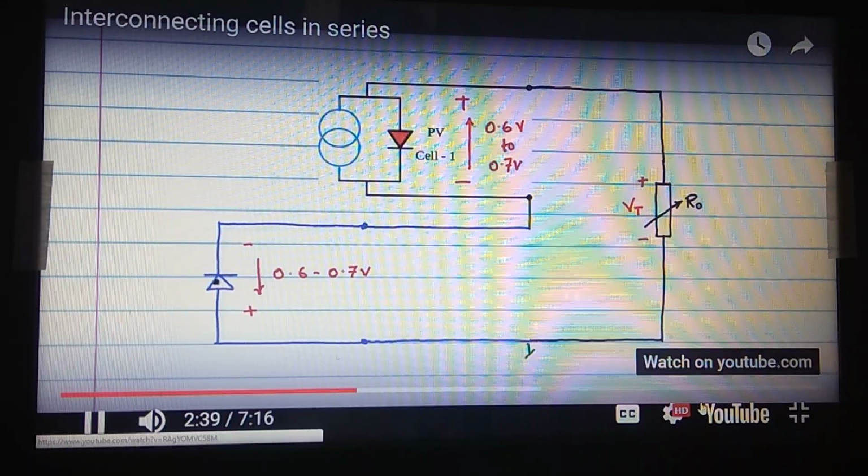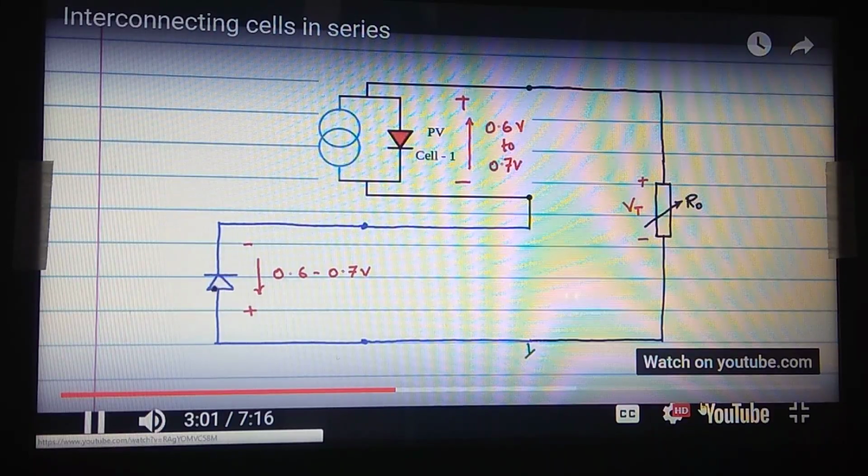So the via media, the in-between solution, is that you put the bypass across a cluster of PV cells. Let us say you have some 5 PV cells or 10 PV cells or 100 PV cells in series. So let us say you have PV cells in a module.